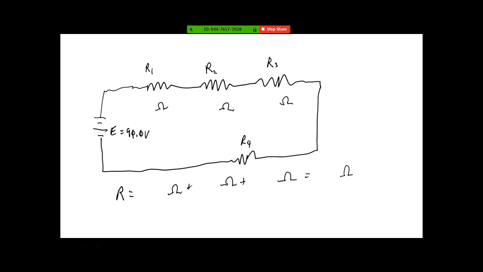Okay? The R1 here, they say, is 5.00 ohms. R2 is 13.0 ohms. R3 is 12.0 ohms. And R4 down here, my goodness, is a 96.0 ohm resistor. A big one.